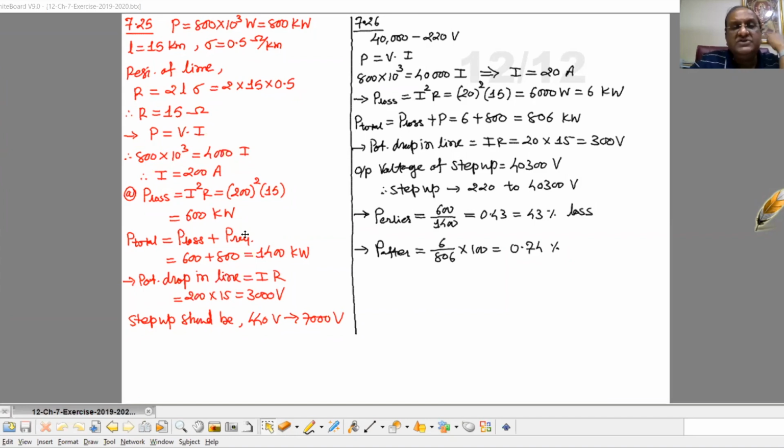The transmission that was carried out at 7,000 volt, and now here it is carried out at 40,300 volt. So power loss, that is minimized. So we can say from this one, the transmission at high voltage, that is advisable. Clear to all of you?